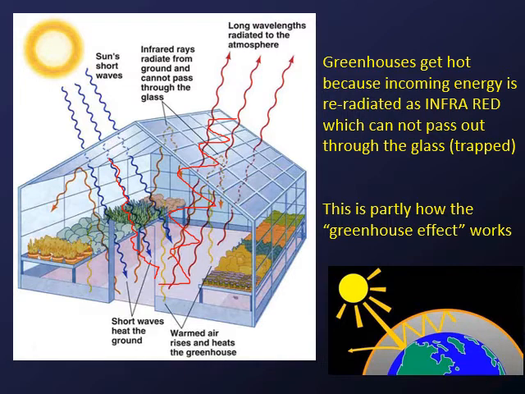And so some of the wavelengths are long enough that they can escape the glass as lost heat, and some are long enough that they can't actually get to the glass and they bounce off it. They're trapped. So the long infrared warm wavelengths are trapped. This is what we call the greenhouse effect.